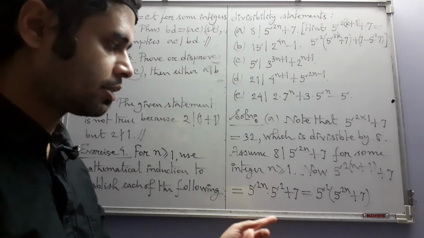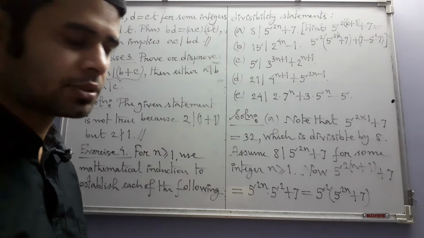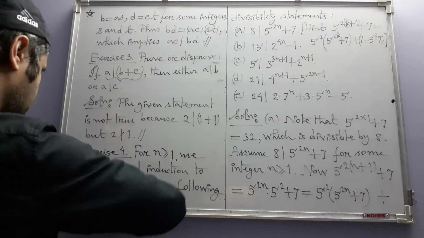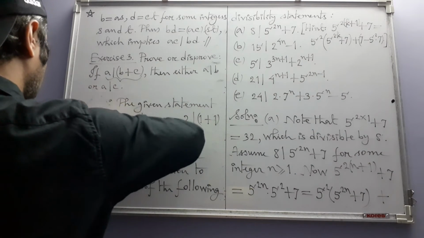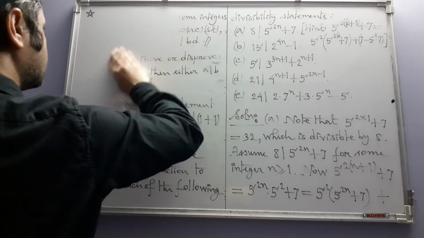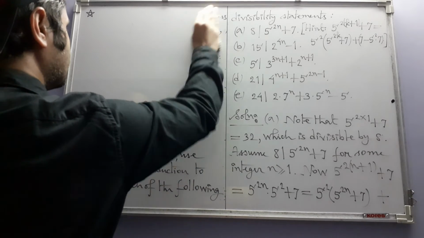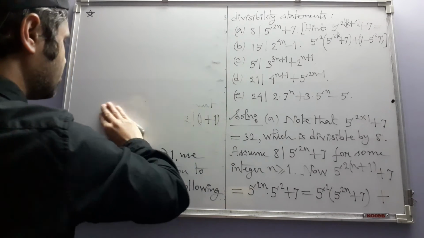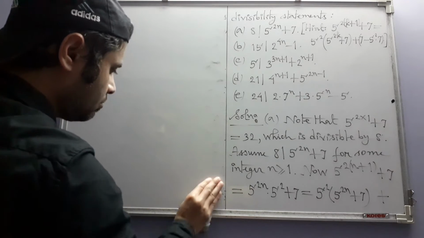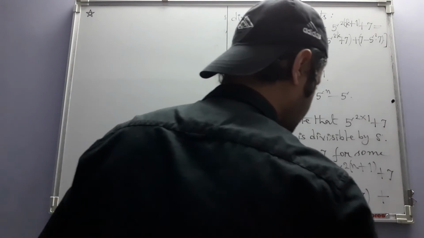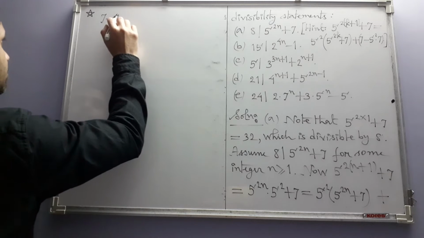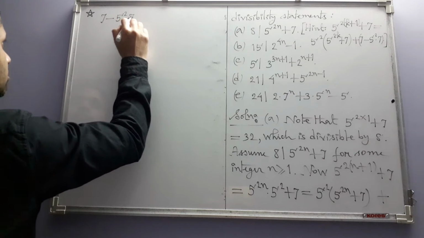Originally we had 7, so that means we have to subtract 5 square times 7 from 7, so plus 7 minus 5 square times 7.